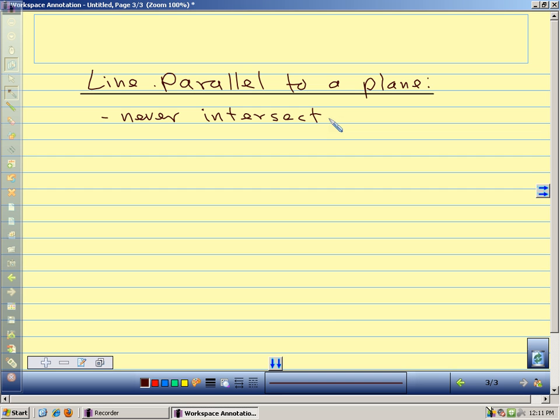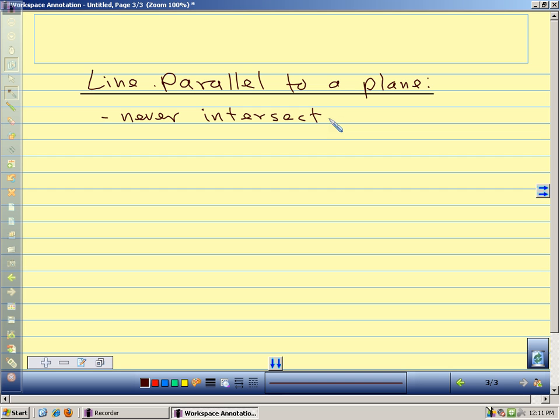Our plane extends infinitely in all directions, right? So how could we make something like an edge in a plane? What would be like an edge? A line. So if we have a line in our plane, and the line that we're interested in is parallel to that line in the plane, would it then ever touch the plane?